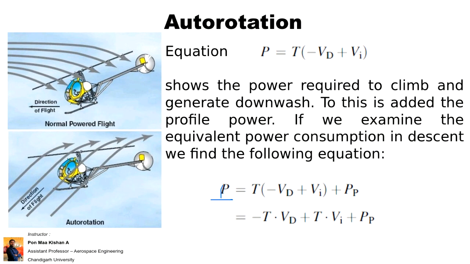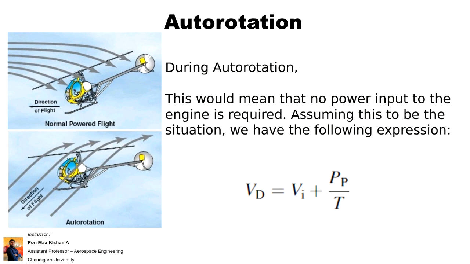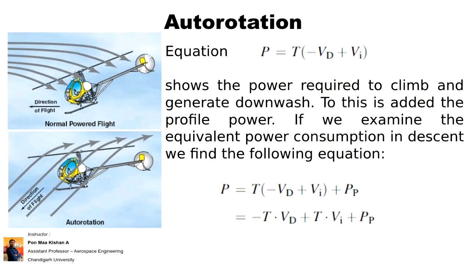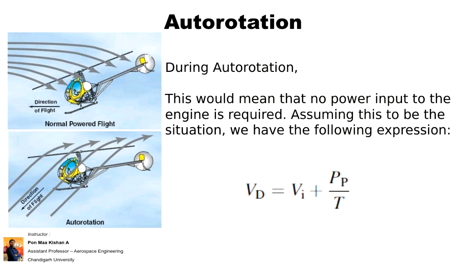I'm just bringing this term from the right side to the left side. So I'll be getting how much velocity of descent is required during auto rotation, so that the pilot can smoothly land his helicopter without any problem. Okay.